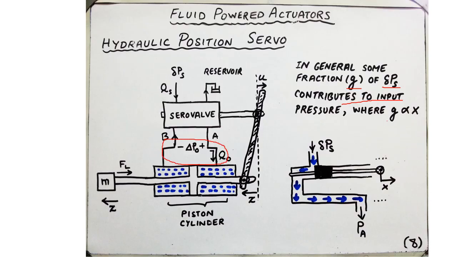And this fraction is naturally proportional to this displacement x, because the x displacement regulates the fluid flow rate as well as the amount of fluid pressure that is appearing across the piston cylinder.